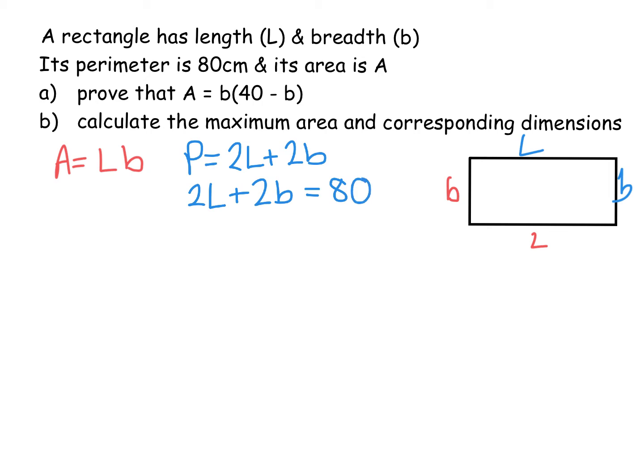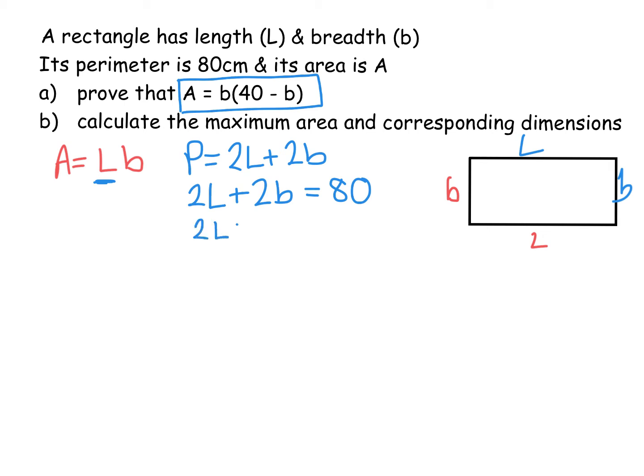Now if we go back to the prove that bit, we have A equals B times something. You might notice that the L has disappeared. So we need to do something to get rid of that L in the area formula. I'm going to rearrange my perimeter formula to get L on its own.